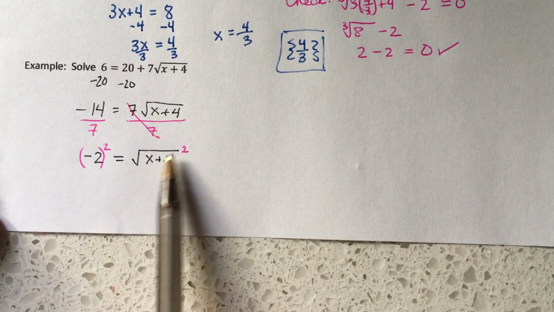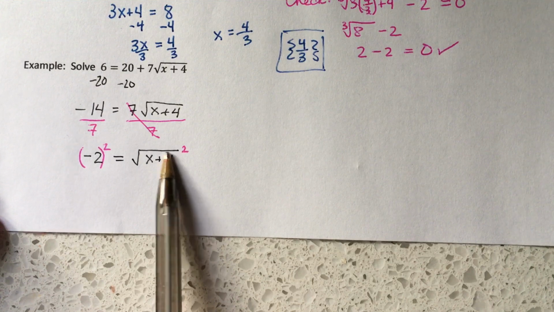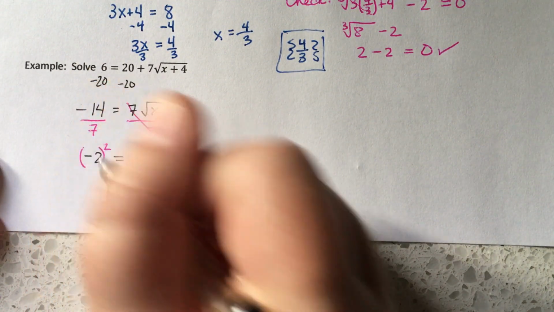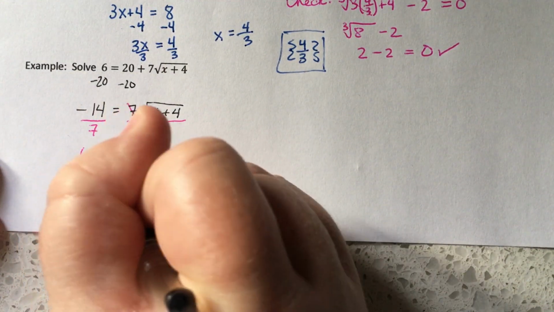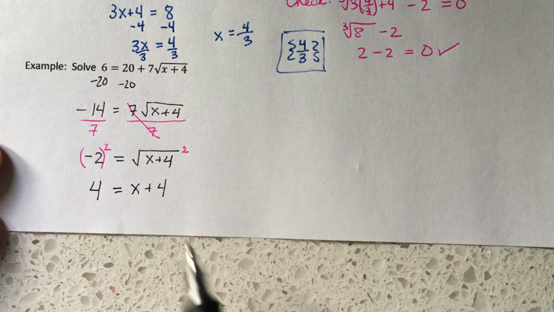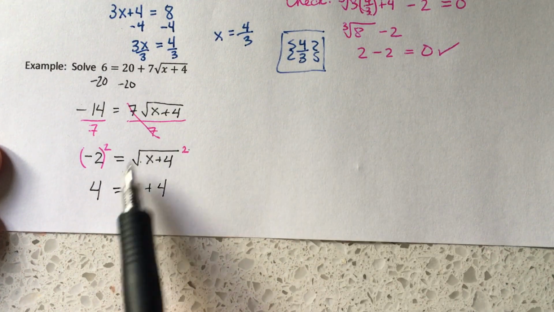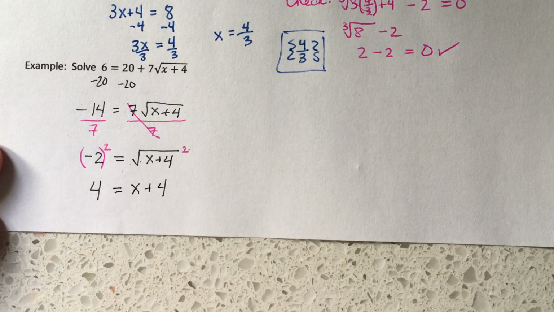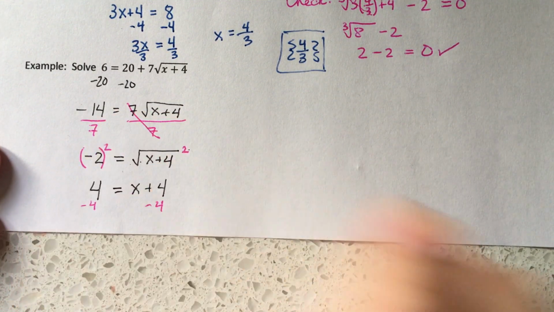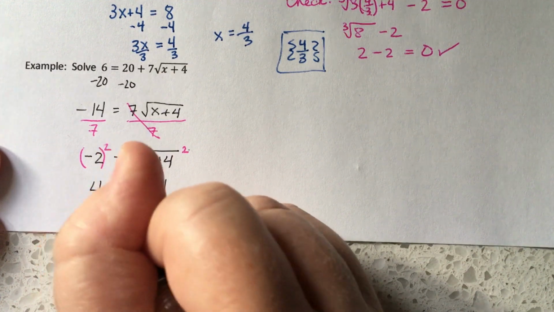It's not just the 4, just x that I'm squaring, it's the whole thing. Negative 2 squared, since the negative 2 is part of the squaring, that's just a 4. And on this side, it's x plus 4, because the square root is undone by the squaring. Then I just subtract 4 from both sides. And we get x equals 0.